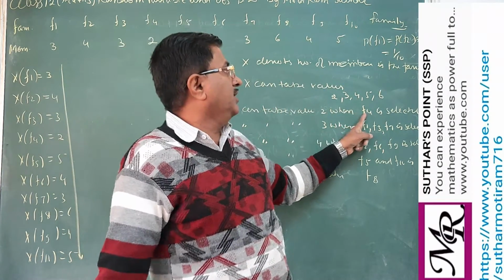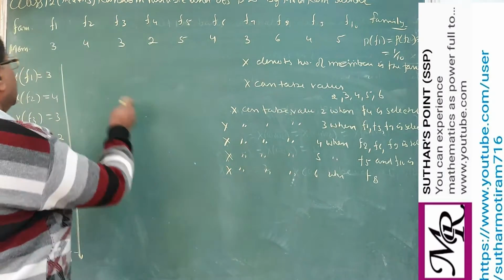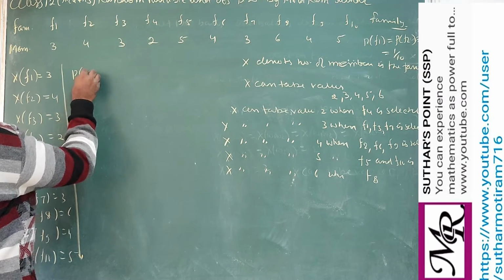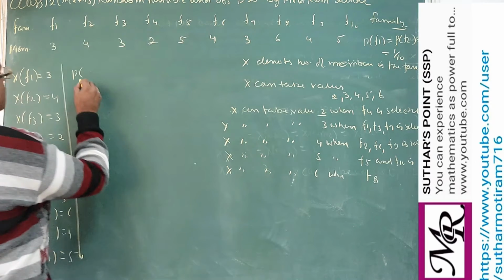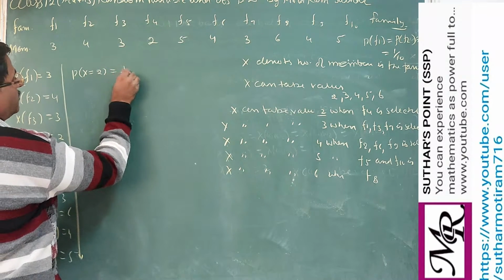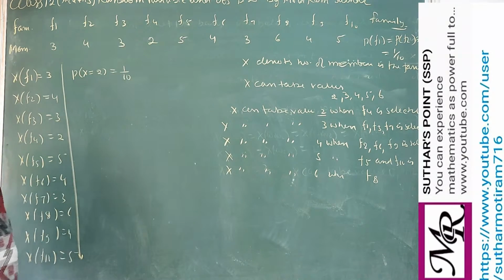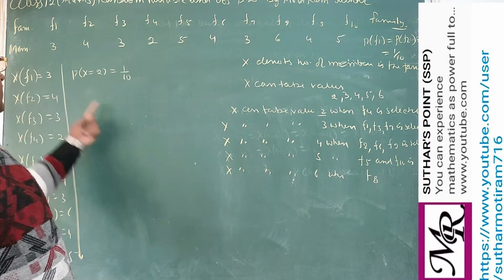So for one family the probability is 1/10. Here we write P(X = 2) = 1/10. This is very important.